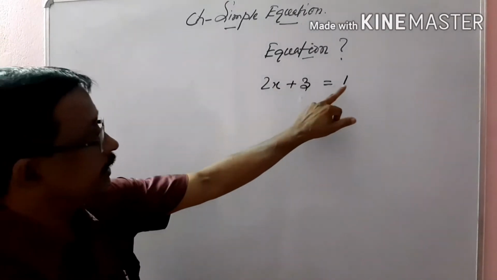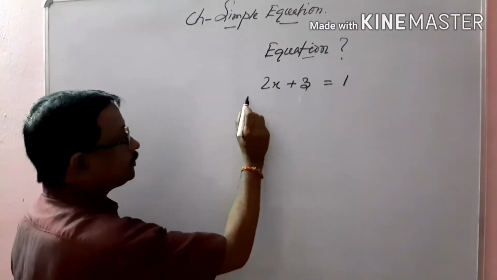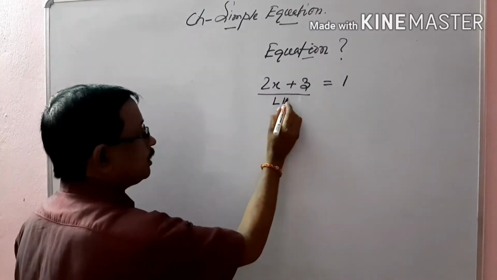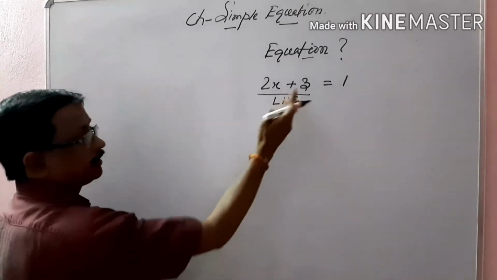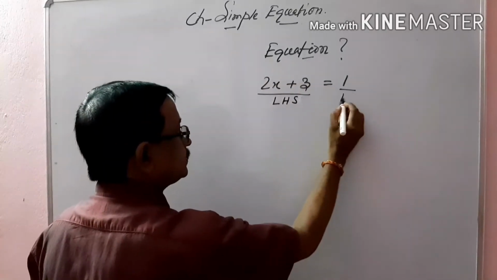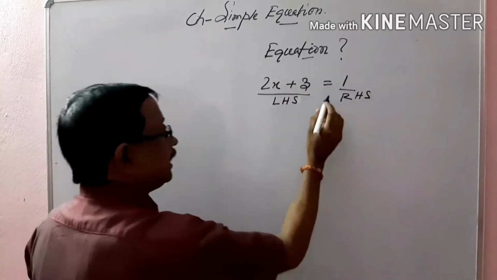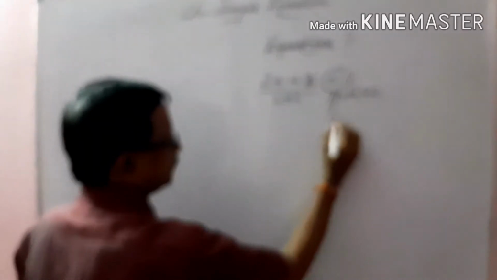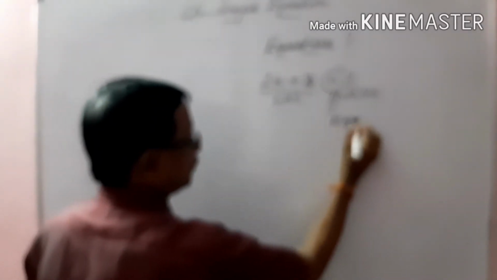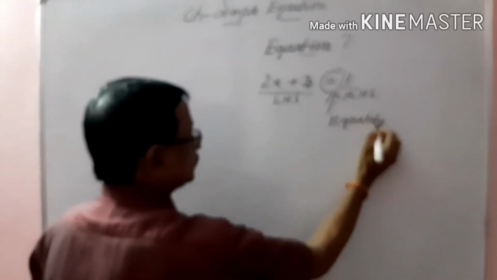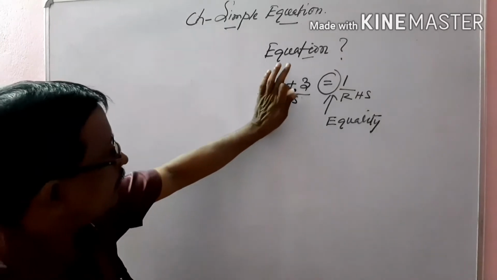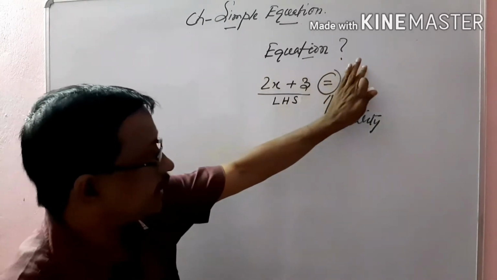So what have we noticed? First, this one is called the left hand side, and this one is known as the right hand side. In between there is one symbol, which is the equal symbol, and by using the equal symbol this makes equality of left hand side and right hand side.